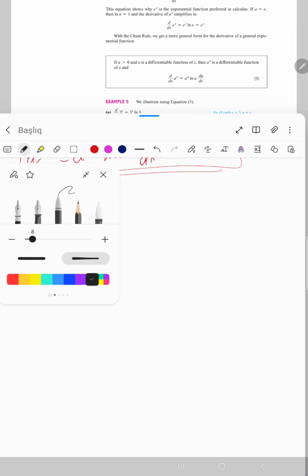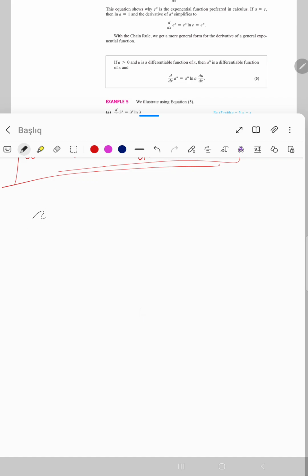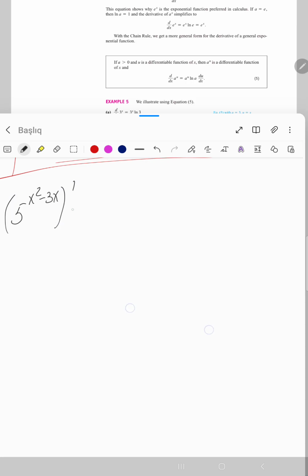For example, let's say you have 5 to the power of x squared minus 3x. You have to find the derivative of it.